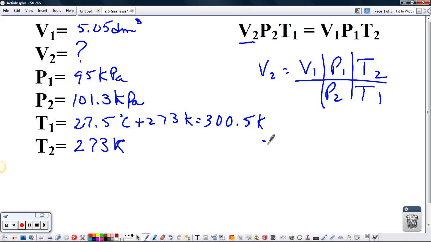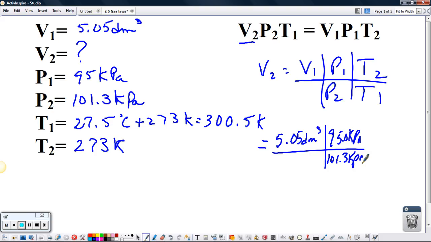All right? Now, I've got V1 is 5.05 decimeters cubed. P1 is 95.0 kPa and 101.3 kPa. And T2 is 273 K and T1 is 300.5 K. Now, a little side note here.